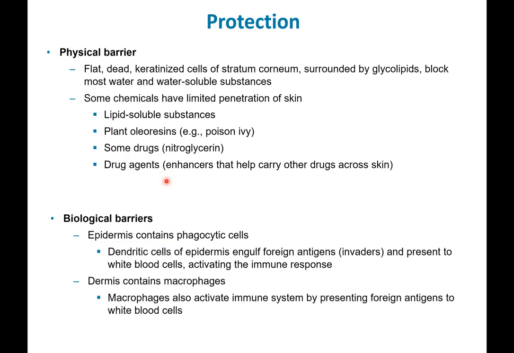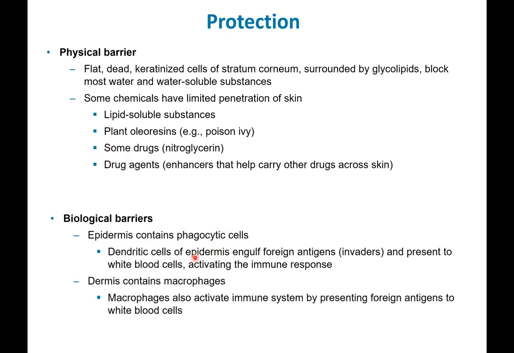Additionally, cells present in the epidermis and dermis allow the skin to act as a biological barrier. In the stratum spinosum and stratum basale of the epidermis, phagocytic cells, known as dendritic cells, engulf any invading substances, such as pathogens, that they deem foreign.